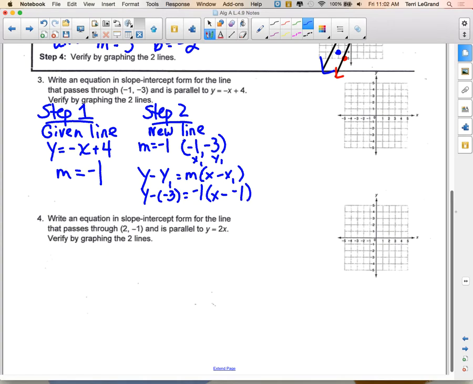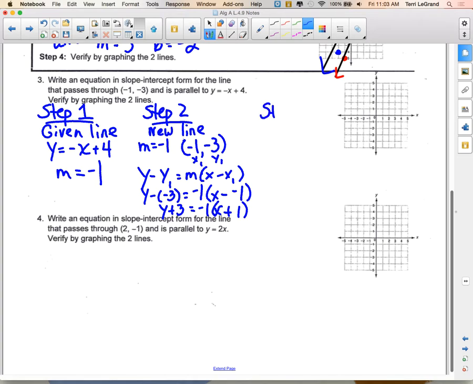Let's clean that up. What can this side become? Y plus 3 equals, we're not doing distributive property, we're just cleaning up right now. So negative 1 will just leave us negative 1, and what can we do with that? X plus 1. Okay.